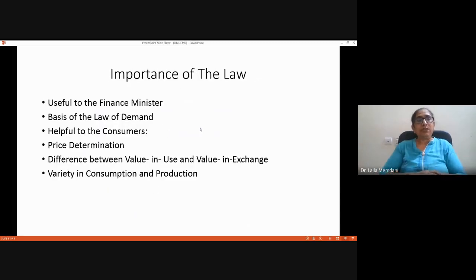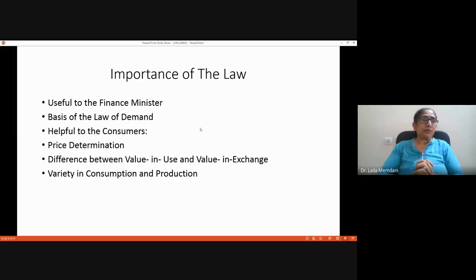The finance minister makes use of the law in taxing the commodities. He knows that with the tax, the price rises and people will demand less. So he will tax those commodities which do not depend much on the price, which are essential commodities, or maybe those commodities which are consumed by the rich people.